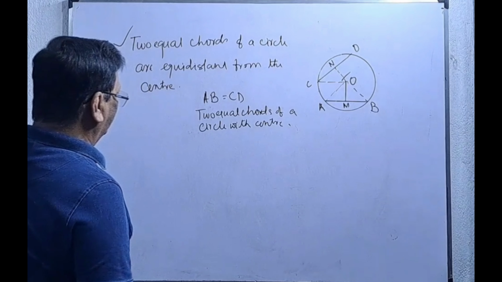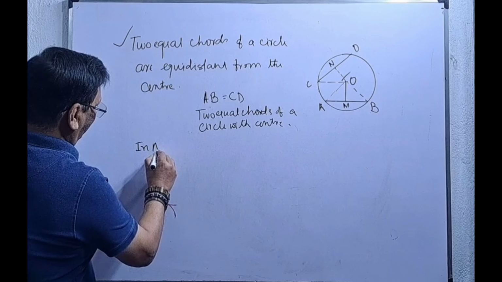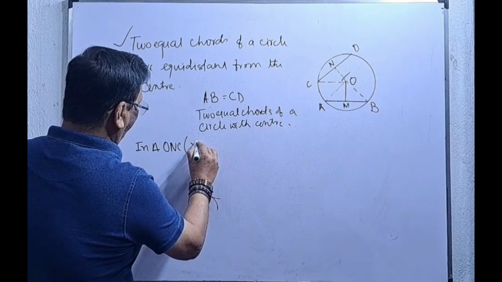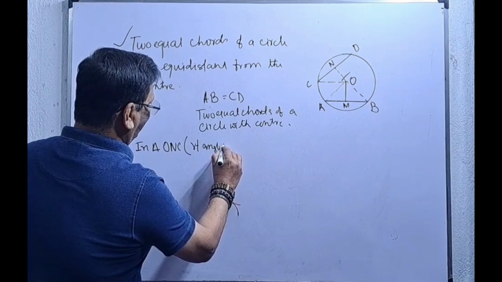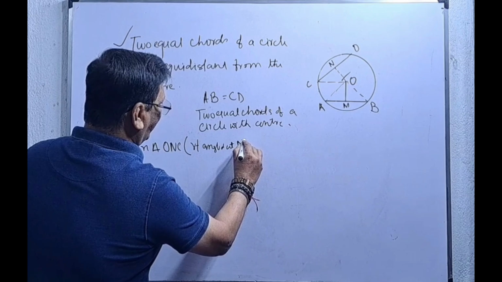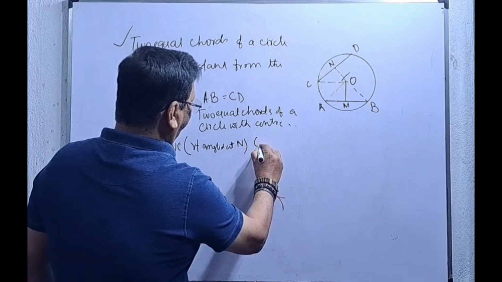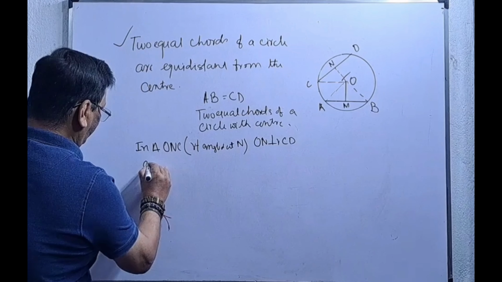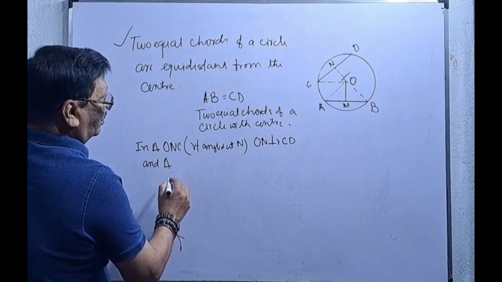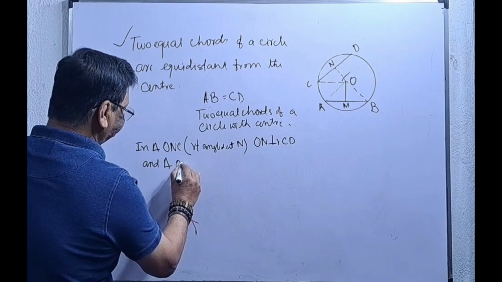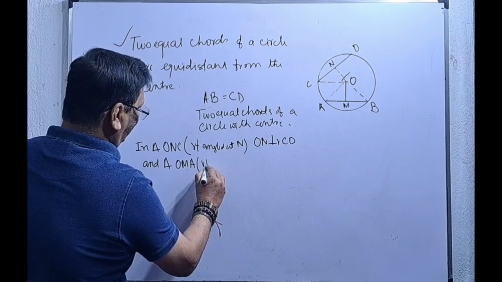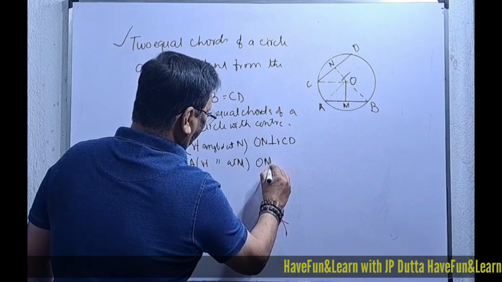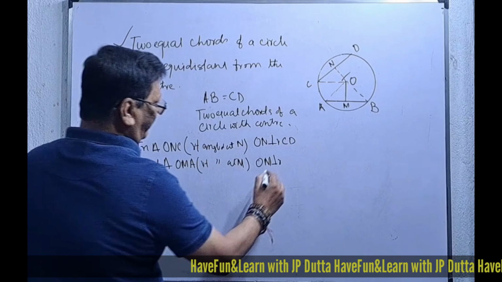Now see, triangle ONC, which is right angled at N, because ON is perpendicular to CD, and triangle OMA, right angled at M, because OM is perpendicular to AB.